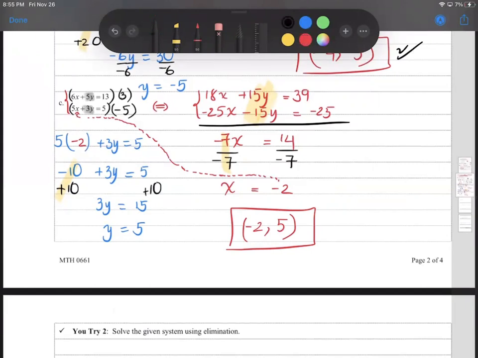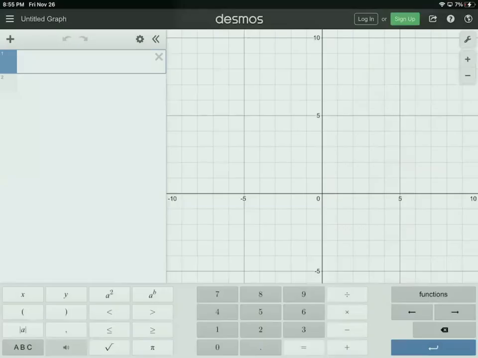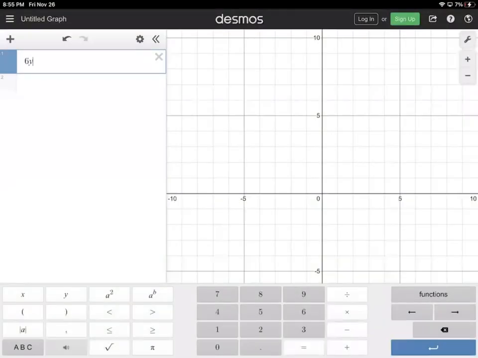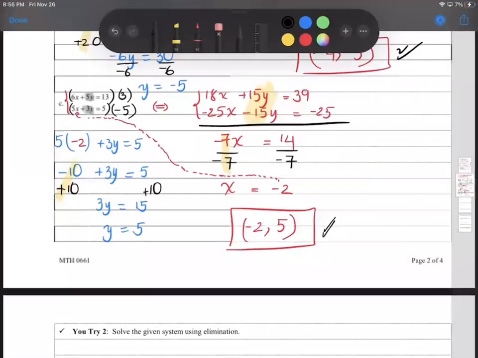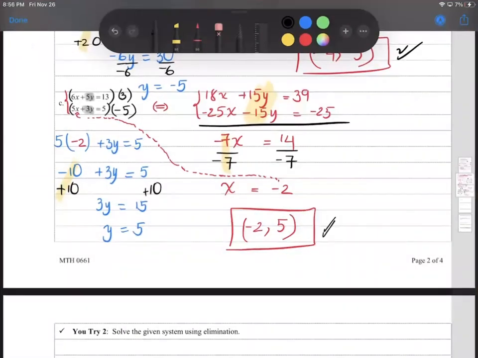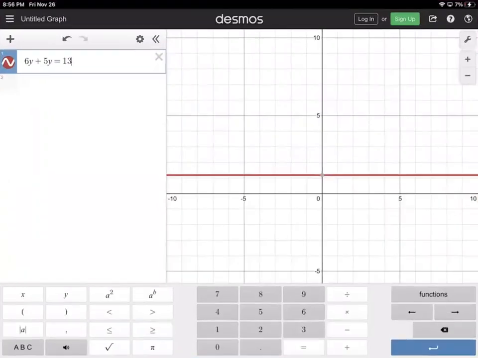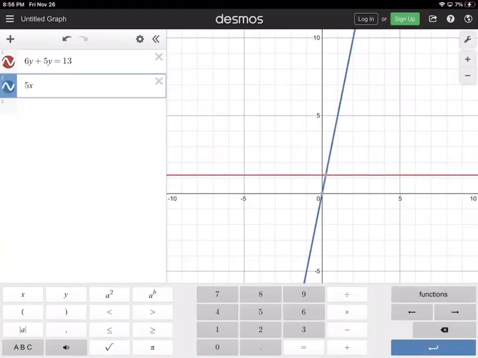Again, you can check by just plugging negative 2, 5 into the original, but I'm going to use decimals here. 6x plus 5y equal 13, and then let's see the bottom equation, 5x plus 3y equal 5.